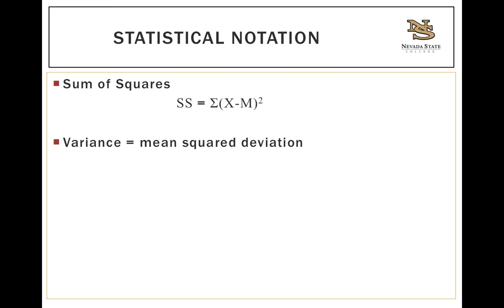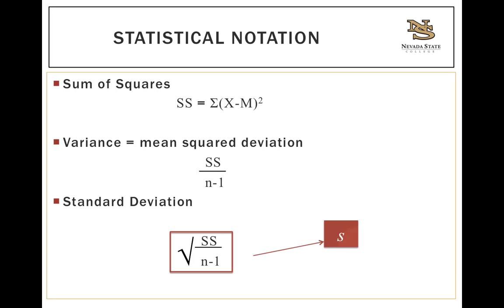Now, our variance, or our mean squared deviation, is found using SS divided by n minus 1, again, to get rid of a little bit of our sampling error. And to find our standard deviation, we simply take the square root of our variance. So we take SS divided by n minus 1 and take the square root.